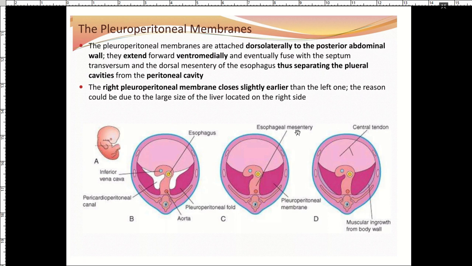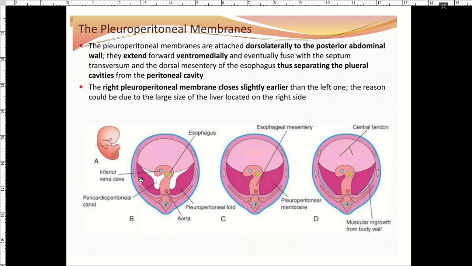So we now need to separate the pleural cavity from the peritoneal cavity. Lungs should be on their own, and then the abdominal viscera on their own. So how? You're going to have folds again, called the pleuroperitoneal folds. These pleuroperitoneal folds are going to close those pericardioperitoneal canals. The pleuroperitoneal membranes are attached dorsolaterally to the posterior abdominal wall, and they are going to extend.